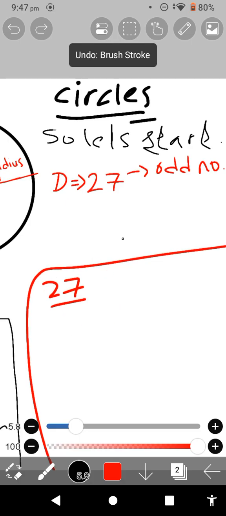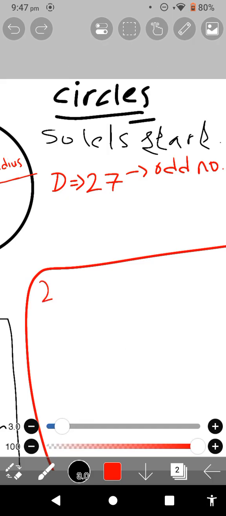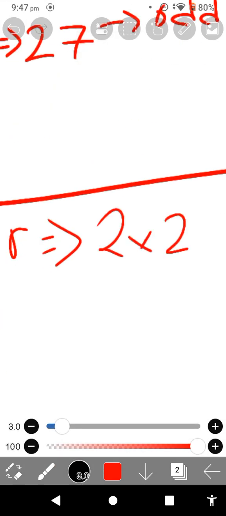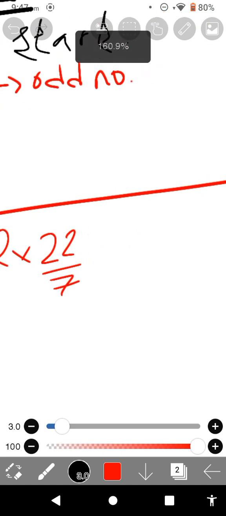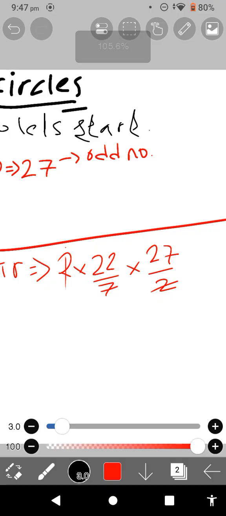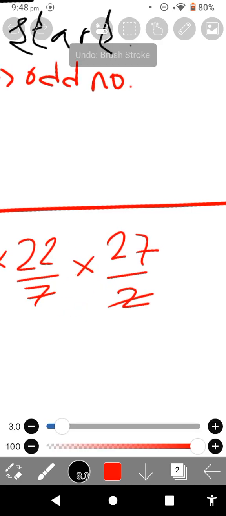Now we have the radius, so we can easily find the circumference. 2 pi r: we'll do 2 into 22 by 7 into 27 by 2. Then we cut this, and now we can see that no number is divisible by any other. This cannot be cut from this or this, so this number is locked.